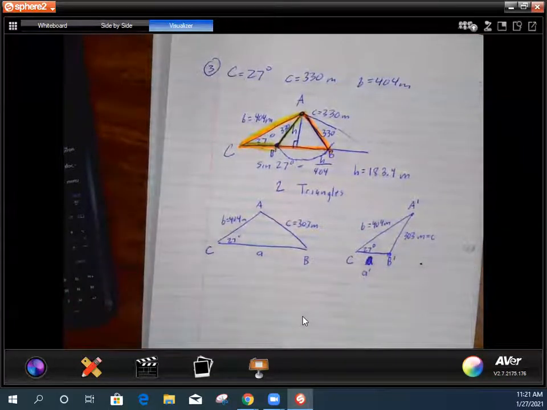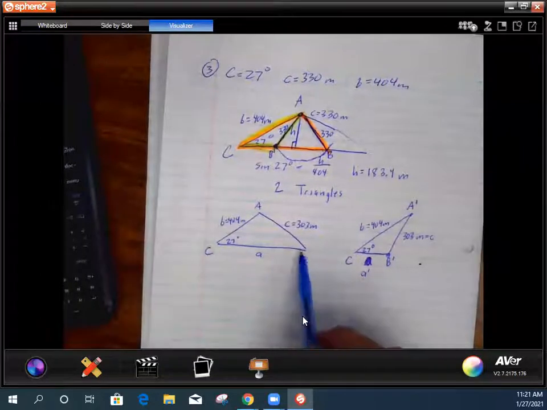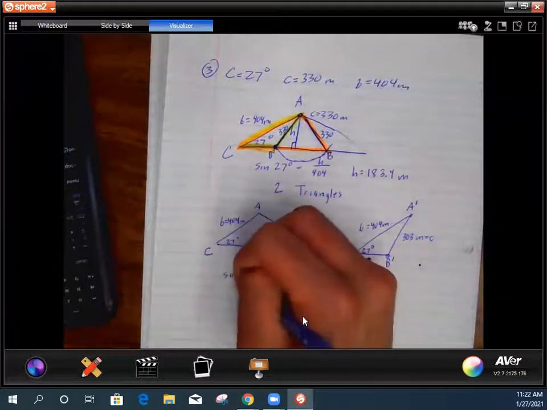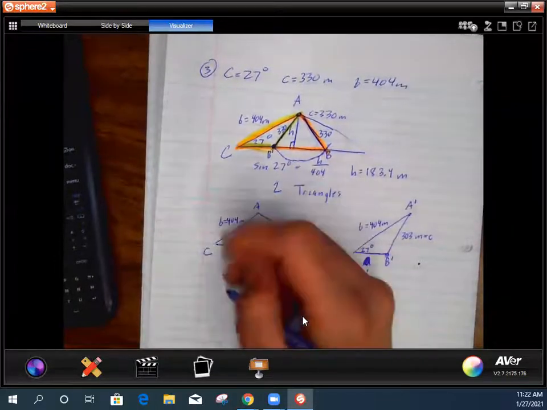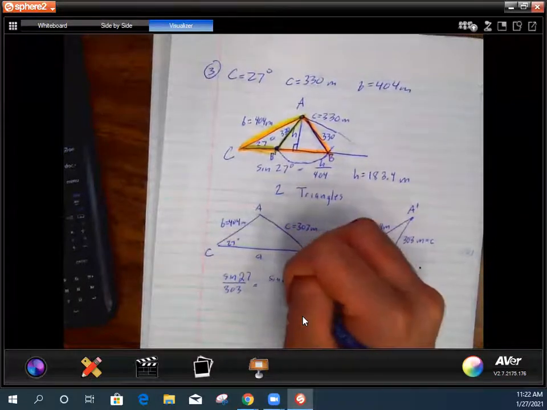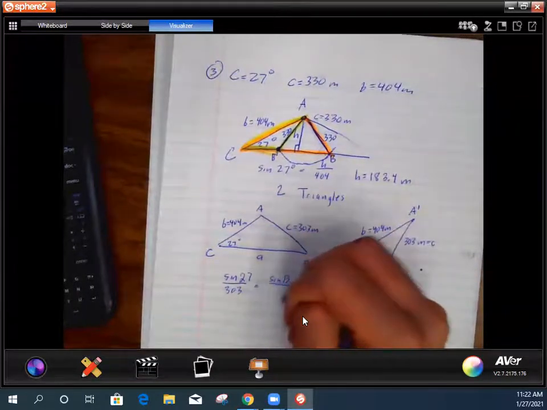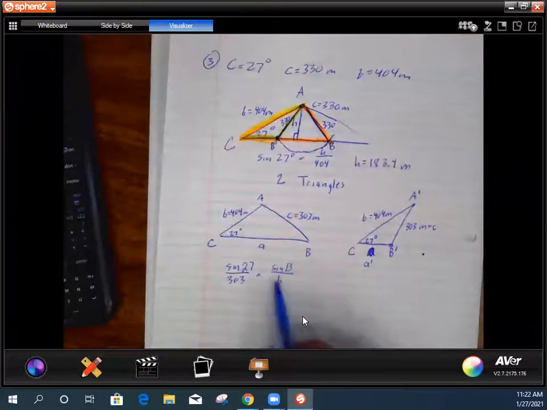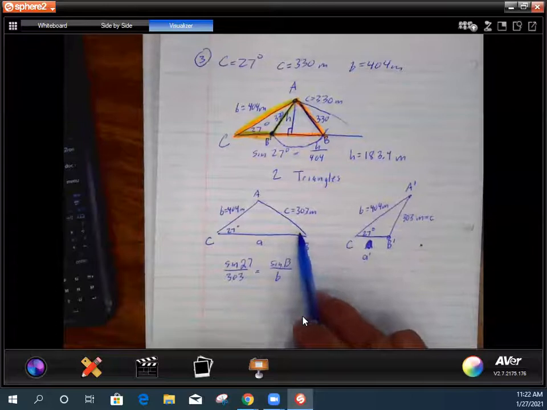All right, so now let's find angle B because that's the only one I could find right now with the given information. I could do the law of sines. The sine of 27 degrees over 303 is equal to the sine of angle B over side b. Now I know when I do it this way that I'm going to get this angle B because it's acute.